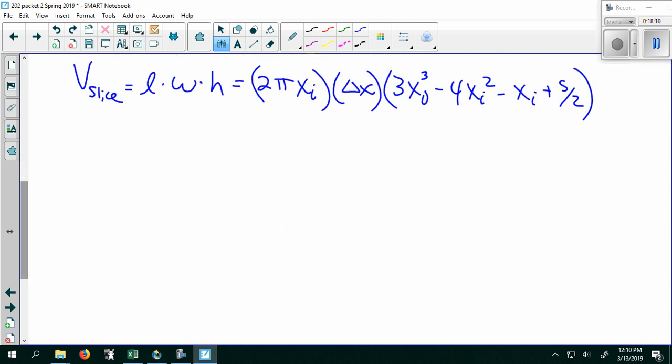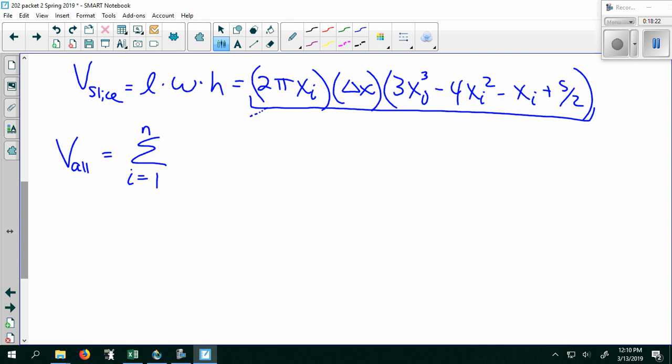Now I'm going to add up all my slices. I have n of them. For the volume of all the slices, i goes from 1 to n. Each slice has this formula for its volume. All we're doing is subbing in different values of i. We start with x1, then x2, then x3, and we might have a million cylindrical shells at different x values.